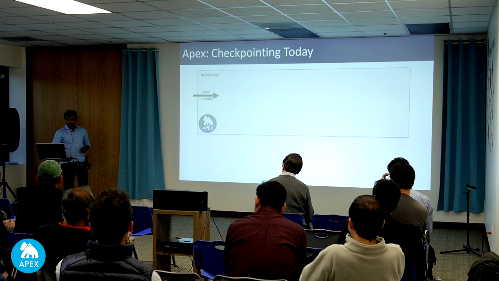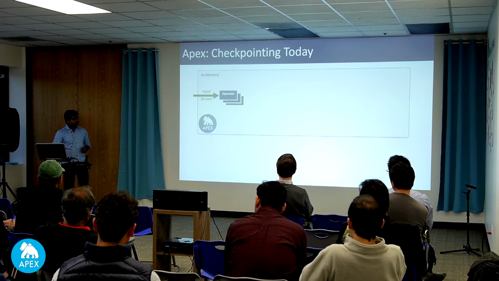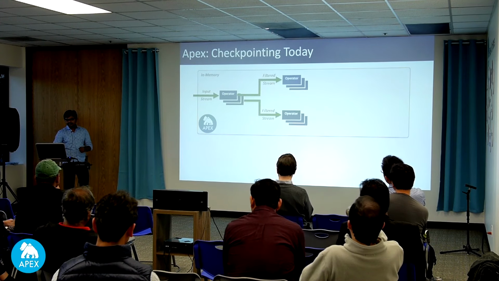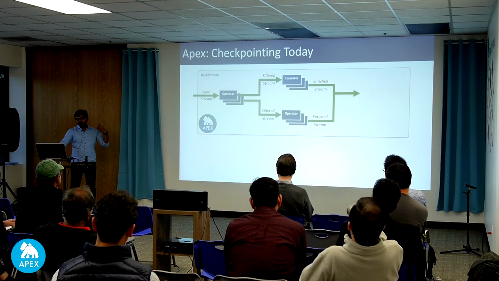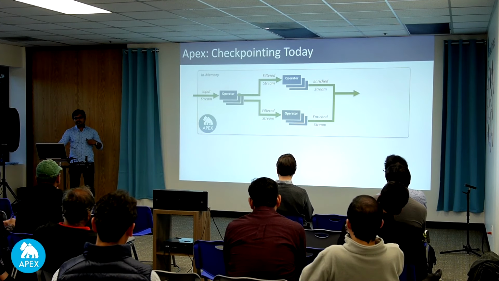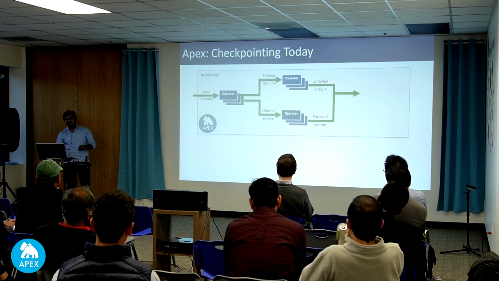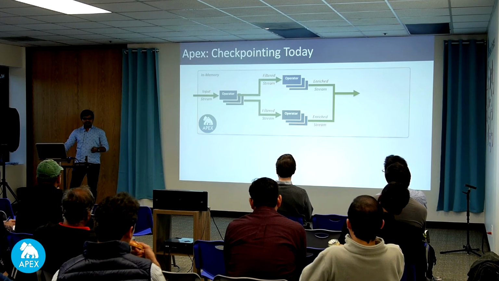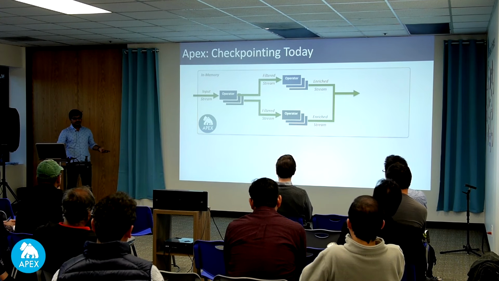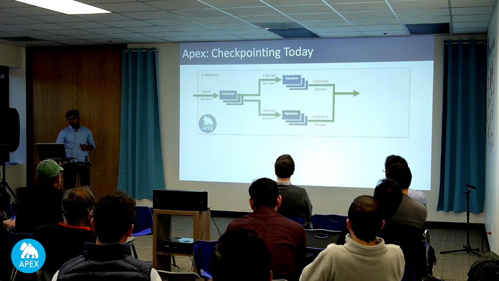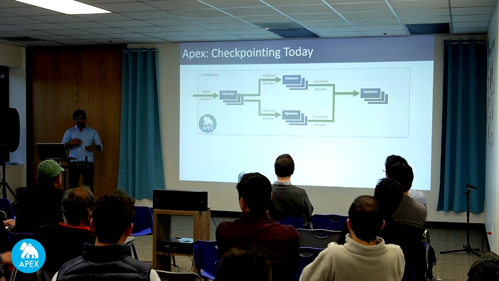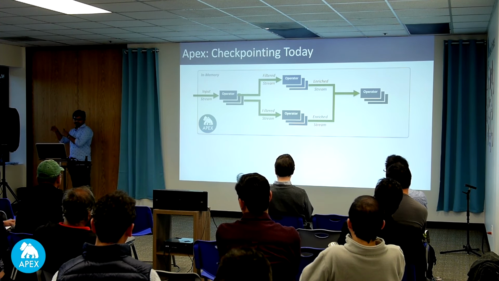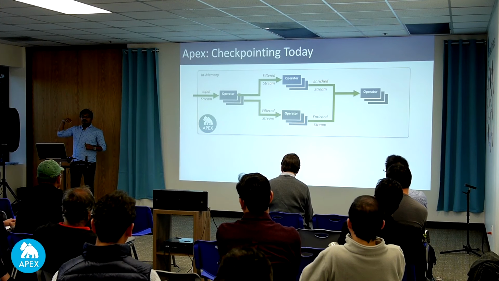This is what a typical Apex application looks like in terms of a DAG, where you have an input operator which reads the data from the source, which could be a distributed file system, a message queue like Kafka, or some other place. It will have operators which filter and compute certain aggregations and pass them on to a different operator, which can choose to write it to a different store.